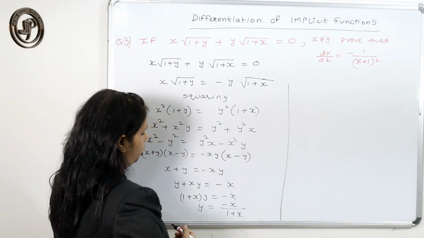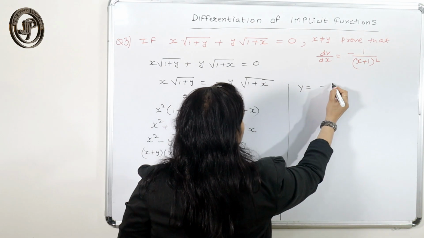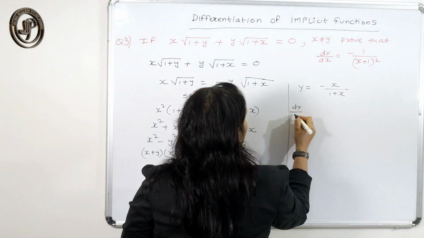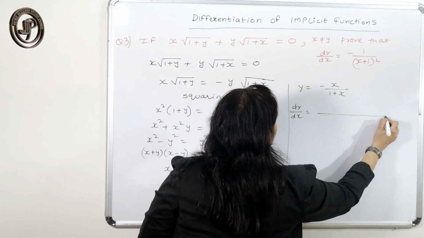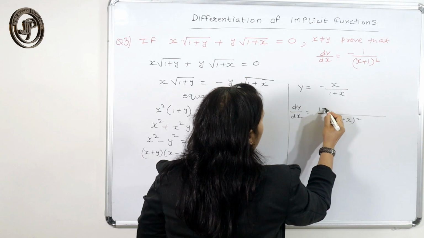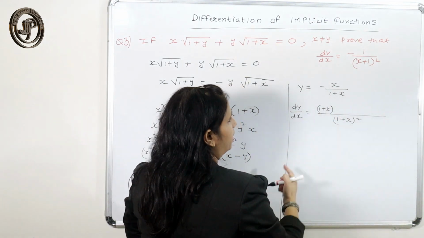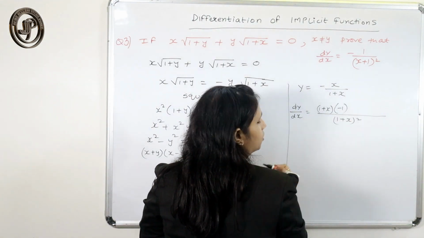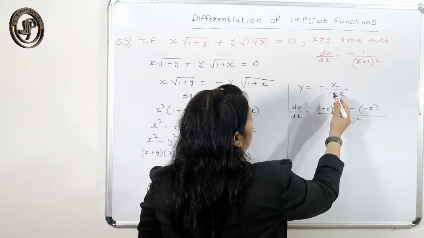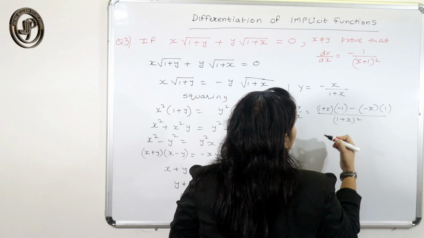Using the quotient rule. So my y now becomes this, and I can apply the quotient rule to solve the derivative of this. How? (1 plus x) as it is, times the derivative of the numerator, which will be minus 1, minus x as it is, times the derivative of 1 plus x, which will be 1.